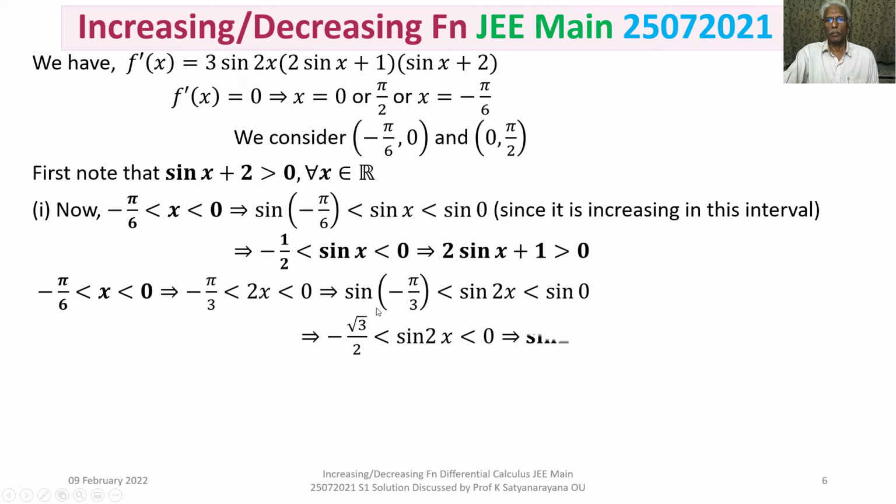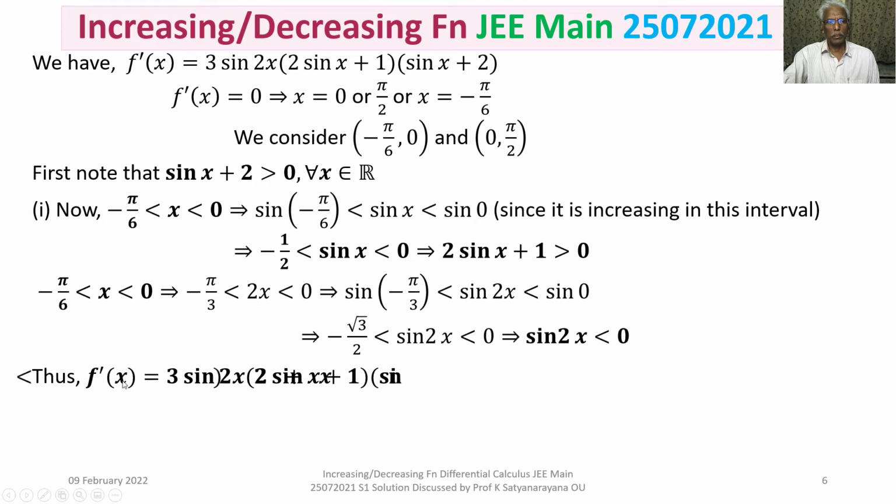And this will give you minus root 3 by 2 less than sine 2x less than 0, that is sine 2x is negative. So, thus f prime x is equal to this product of the three factors, wherein sine 2x is negative, 2 sine x plus 1 is positive, this is always positive, in total it is less than 0 in minus pi by 6 to 0.